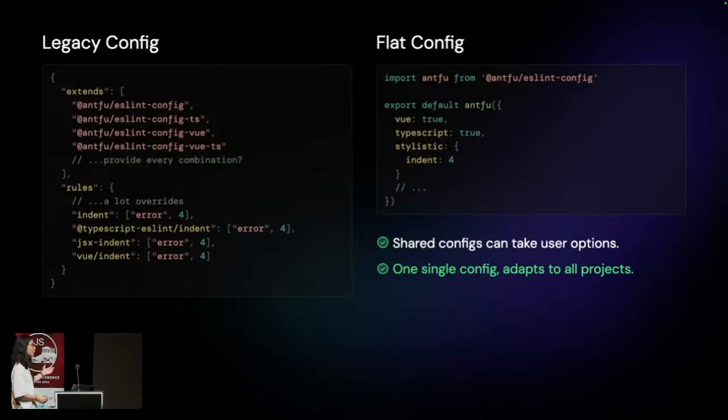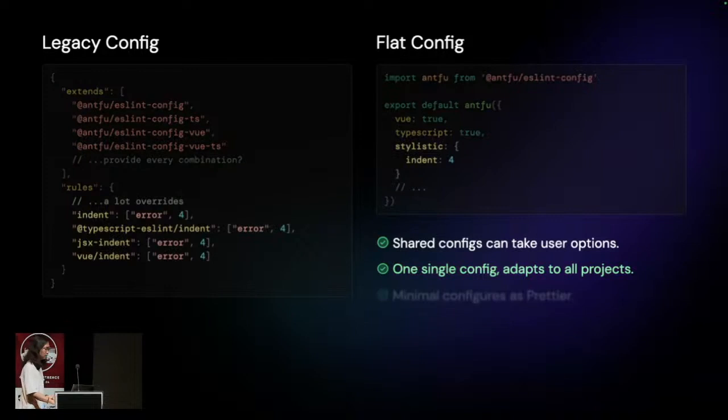Well, that is also a rather simplified example, because sometimes you will have an override field that applies certain indentation to different files, which you also need to remember to update. While here in the flat config, you can just pass in a static option with indentation four, and then inside the factory function, it can handle all the updates for you. And so you, as a user, don't need to worry about the details.